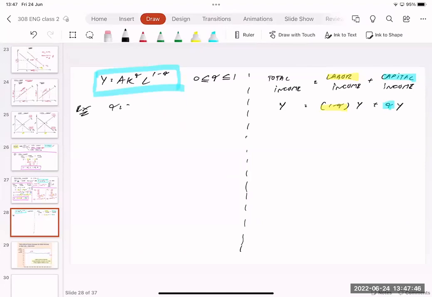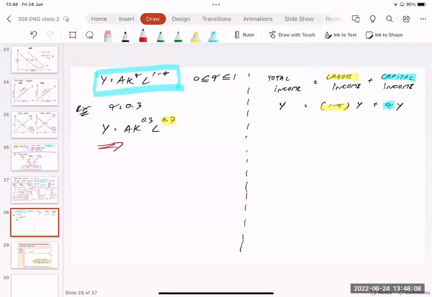Example, if alpha equals 0.3, the main equation becomes Y equals A K^0.3 L^0.7. In this case, what does it mean? You can see that L is powered by 0.7, K powered by only 0.3.